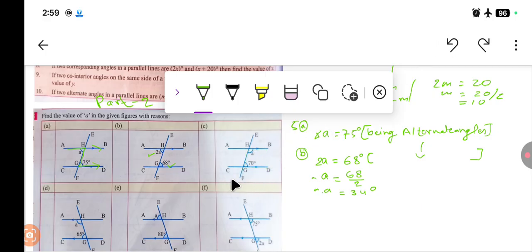5c, the angle you see, it is in C shape. What kind of shape is it? C shape. Both interior. So it is said to be co-interior, and we know co-interior angles are not equal. Their sum is supplementary. Supplementary means 180 degree. So for question number C, we can write like this: a plus 70 degree is equal to 180 degree, being co-interior angles.